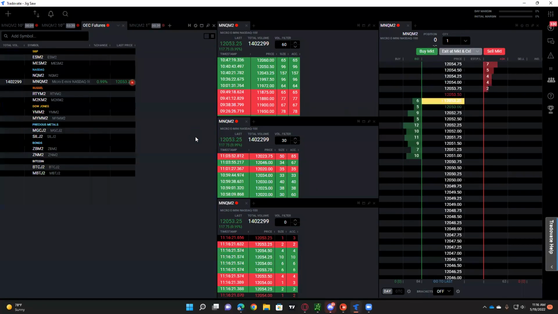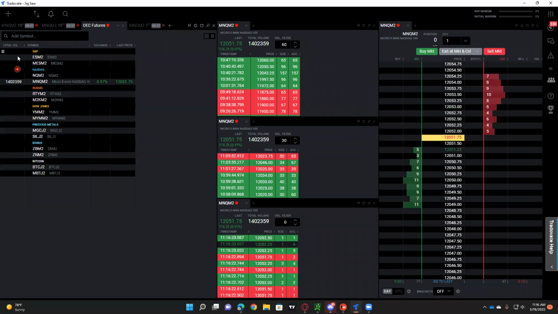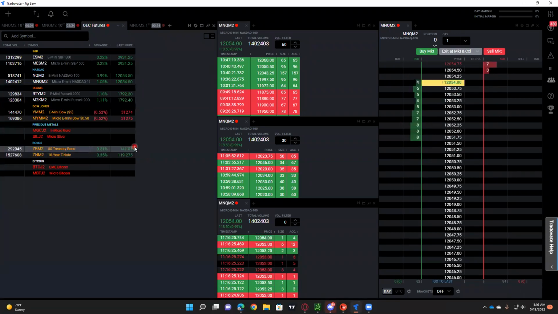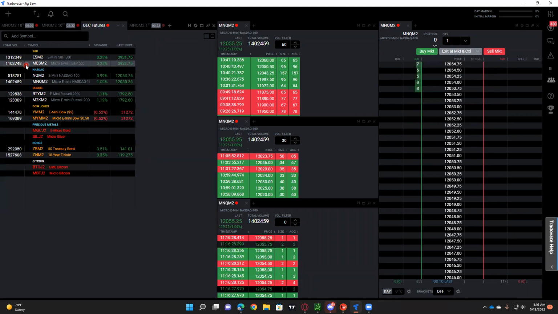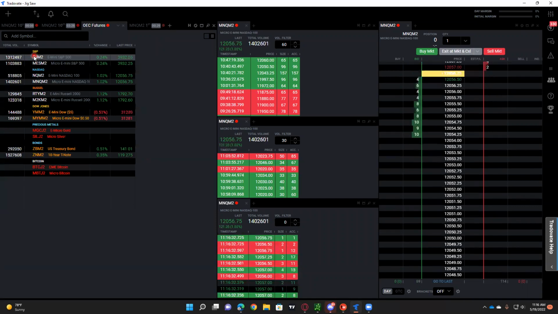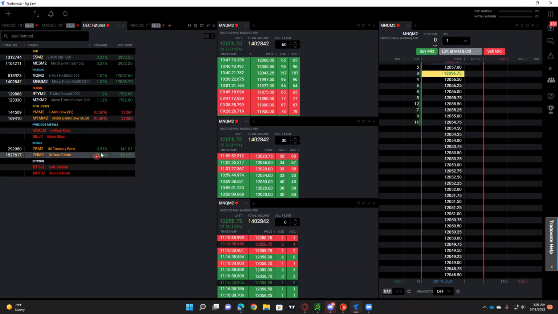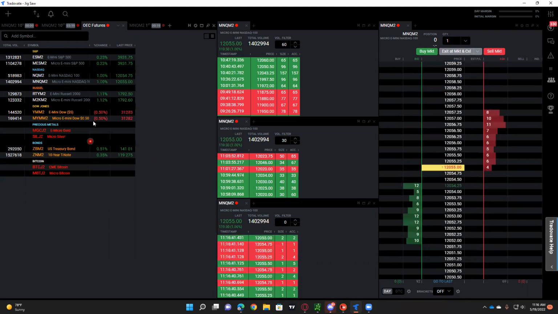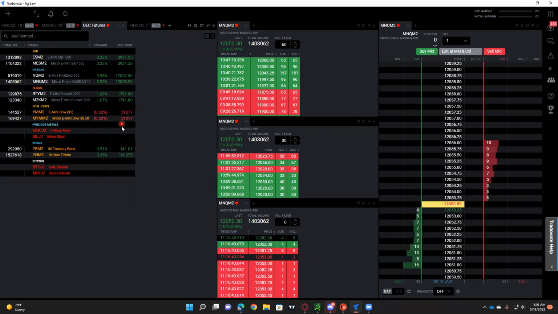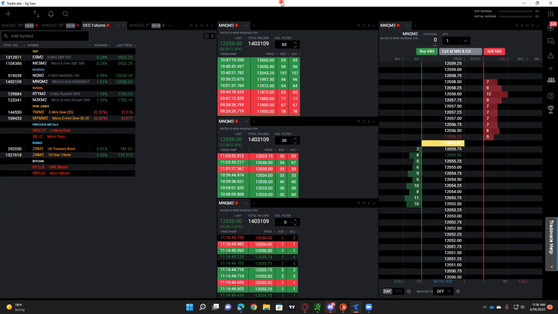But if I wanted to go in and look at the futures here and look at the total volume on the day, we can see that the MES has a lot of volume, not more than the ES. But the MNQ has much, much more volume than the NQ. Okay, so definitely has liquidity. And in the nighttime, it's the same thing. Plenty of liquidity. You can trade with no problems.